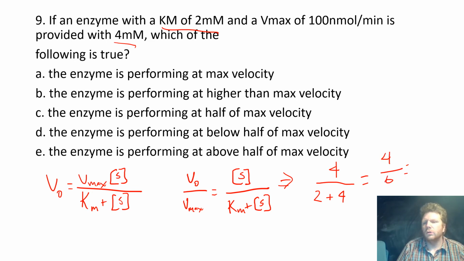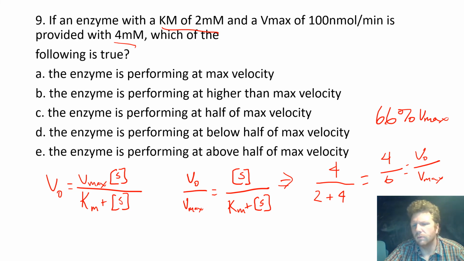And that is our ratio of our velocity over our Vmax. Now, if you wanted to, you could plug in the Vmax and solve for a velocity, but really this is looking at a ratio. You're at about 66% of your Vmax. So if you're at 66% of your Vmax, you're above half of your maximum velocity.